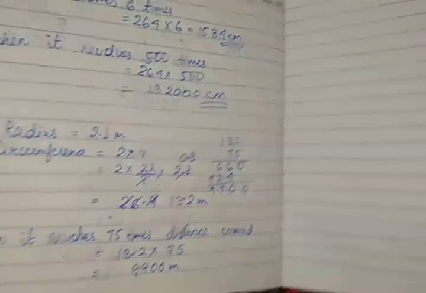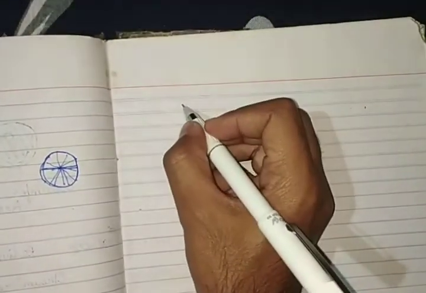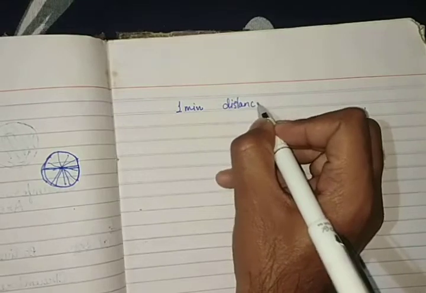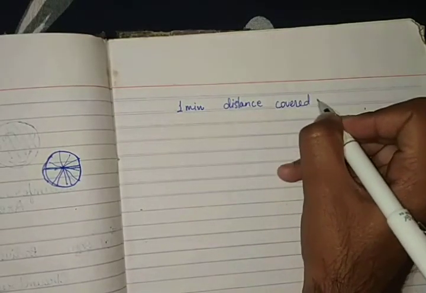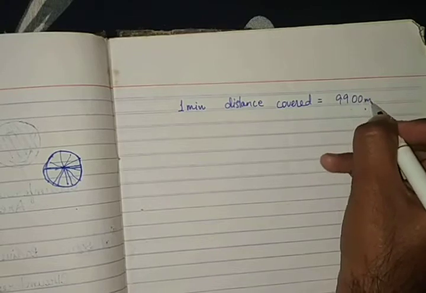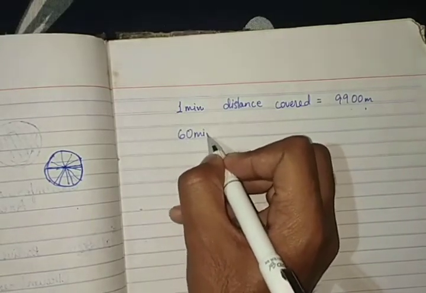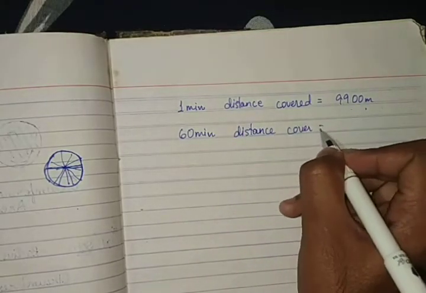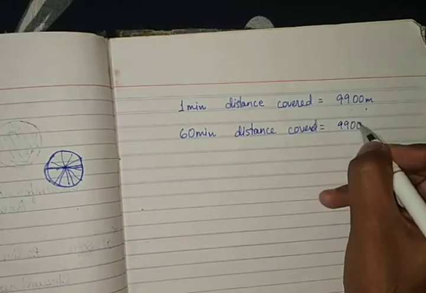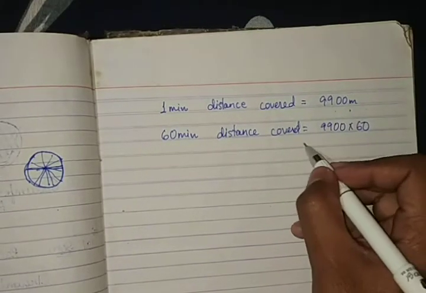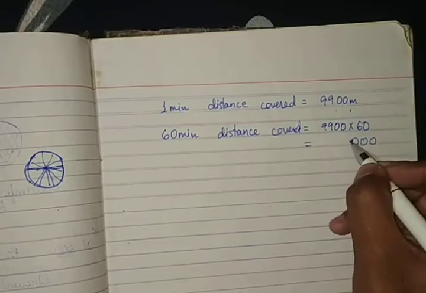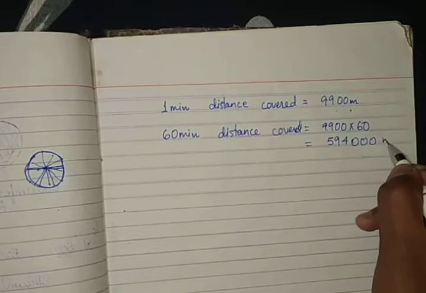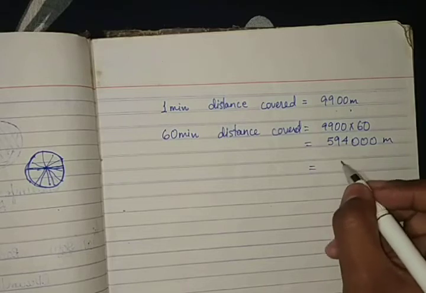We need to calculate the distance covered in kilometer per hour. It means that in 1 minute, distance covered is equal to 9900 meter. So in 60 minutes, because 1 hour is equal to 60 minutes, distance covered will be equal to 9900 into 60. This will be equal to 594000 meters. We need to convert into kilometer.